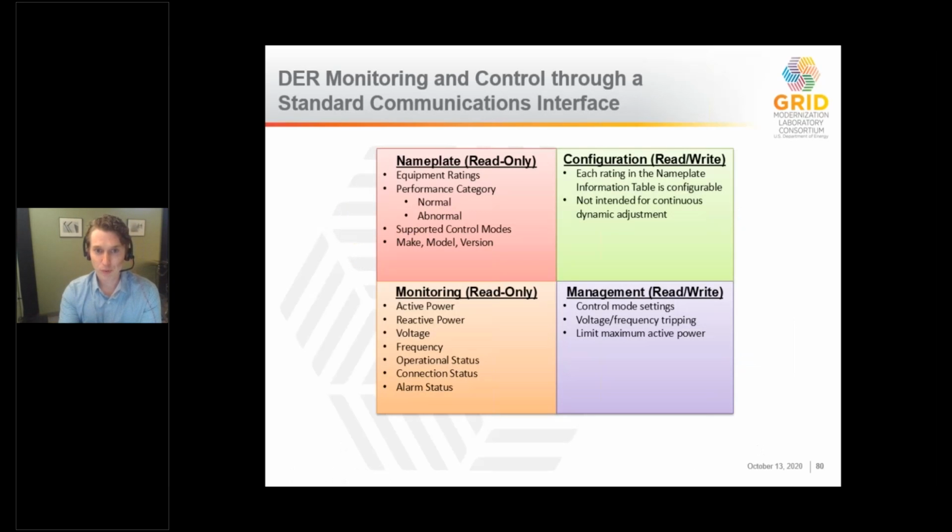And briefly, these are the standard monitoring and control and information exchange capabilities that all DER will have. So there's the nameplate information, what am I, the configuration, changing all of the settings that we talked about for those advanced functions, monitoring, what's the real-time output, and then management is a different set of functions. Next slide, please.